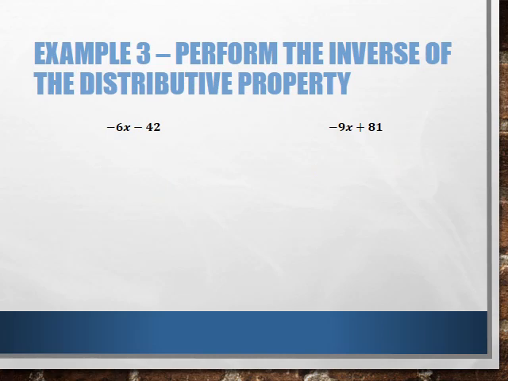So let's check out these last two problems. What do you see in negative 6x and negative 42? Well, the first thing I see is definitely a negative on both of them. So let's pull a negative out of both of those numbers. The next thing I see is a 6. So if I pull out a negative 6, well, I would be left with x for that first number.